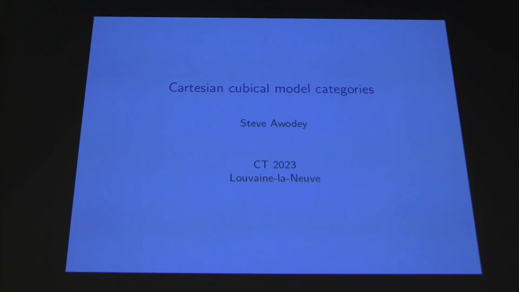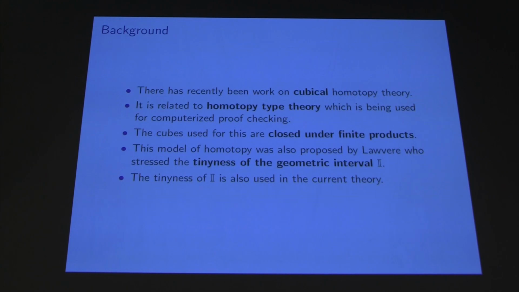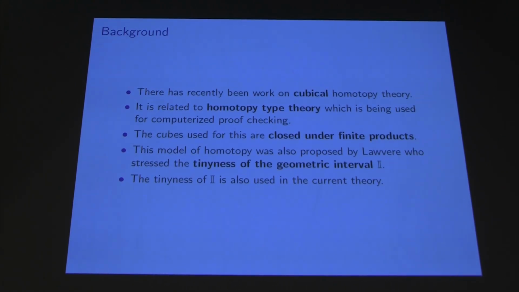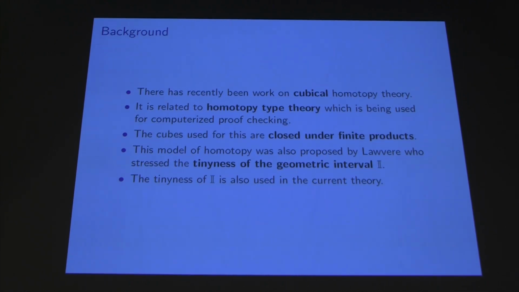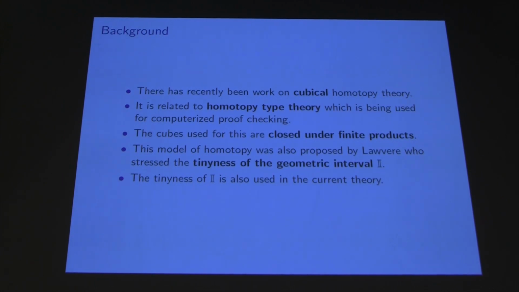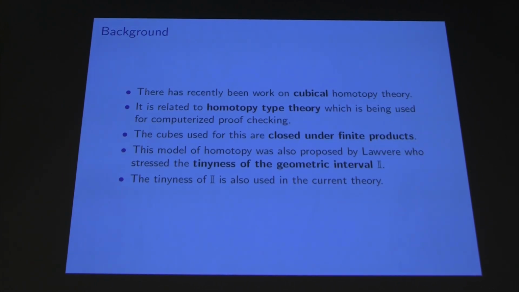Okay, so Cartesian cubical model categories. This is some new work that I've been doing for the last 10 years or so. This interaction between homotopy theory and type theory that goes under homotopy type theory has been very fruitful for providing some mathematical foundations for the theory of type theory, proof assistance, some topics in programming, computerized proof checking, and so on.